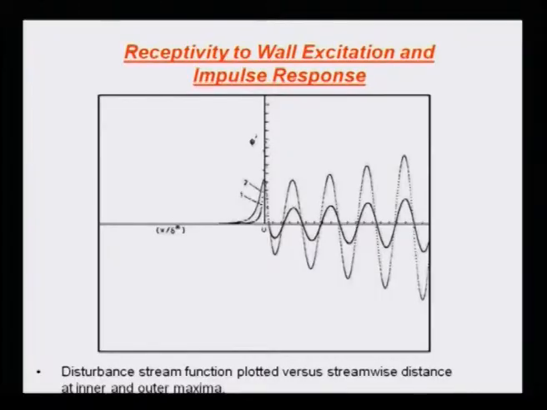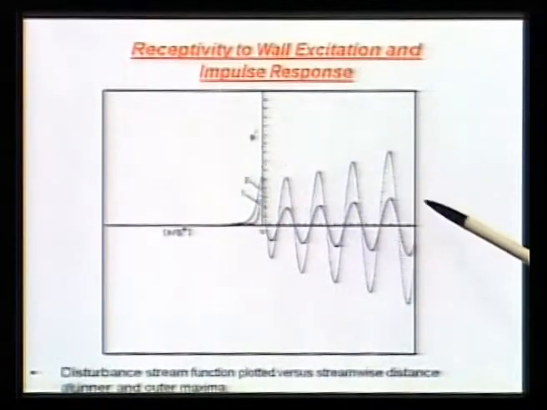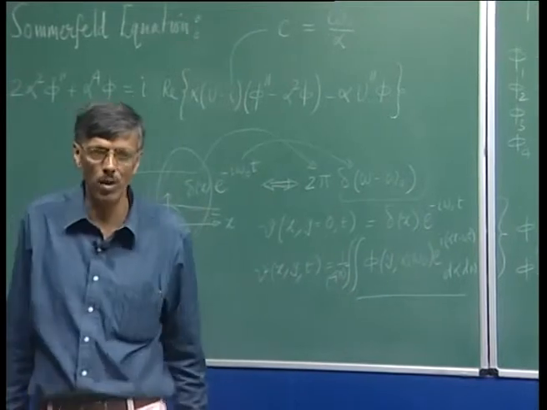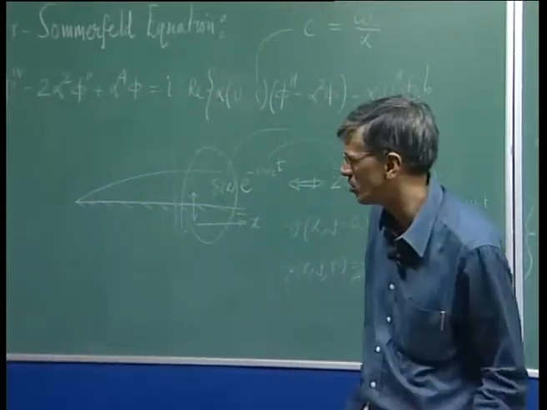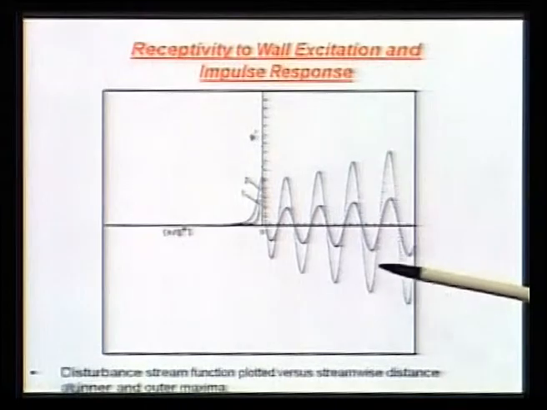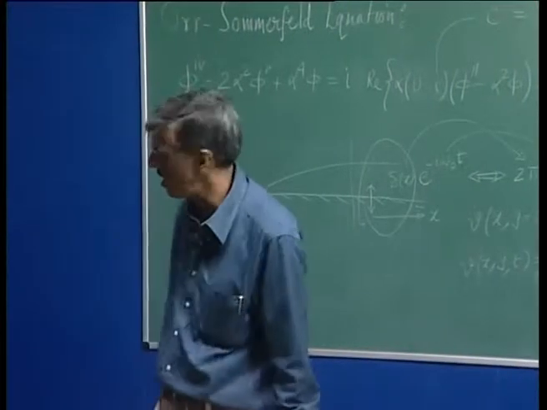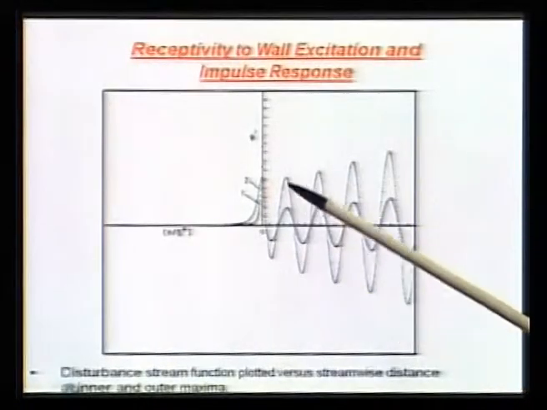And you can see what the linear theory did talk about. The amplitude grows exponentially, like what we wrote here, right, e to the power i alpha x minus omega naught t. So, with x, the amplitude is growing exponentially. However, of course, your stability theory would not be able to tell you this part of the solution.